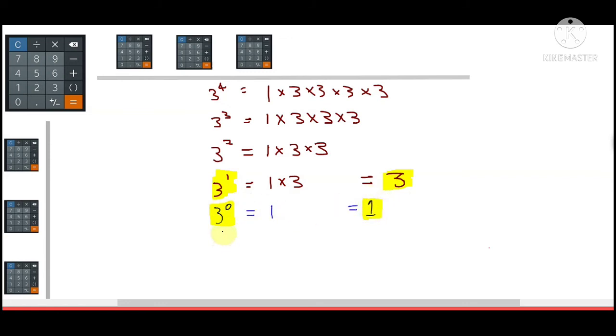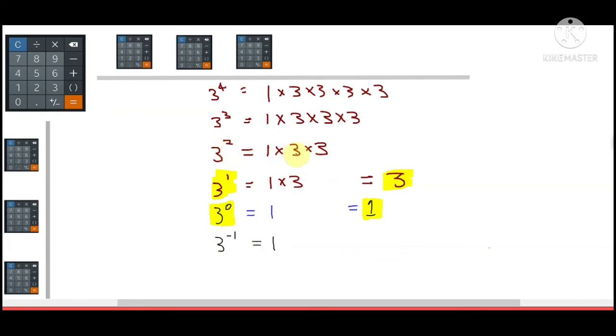So let's continue. So now we have 3 to the negative 1 power, since we have reduced the exponent by 1 again. Now, what does this mean? So let's start off with our factor, 1. Now, the negative exponent would not mean the same thing as the positive integral exponent.